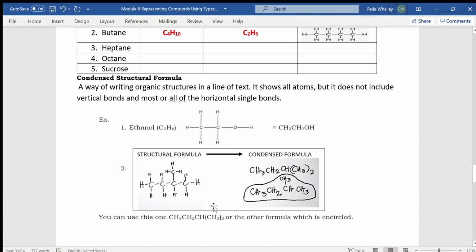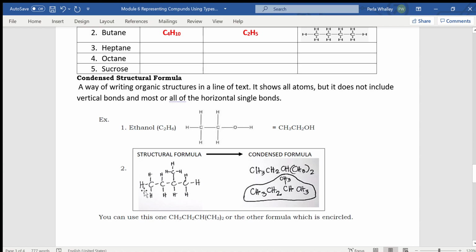Next example, we have 1, 2, 3, 4. Okay, and this is 5 carbon, but this is not pentane. This is butane with 1 branch. Okay, so how to do this? So you just have to, the same as the first example, write C and then count the bonded atom around it.